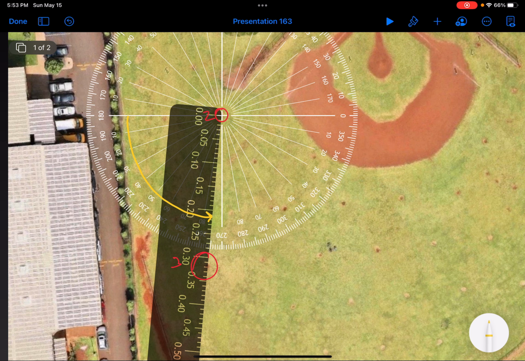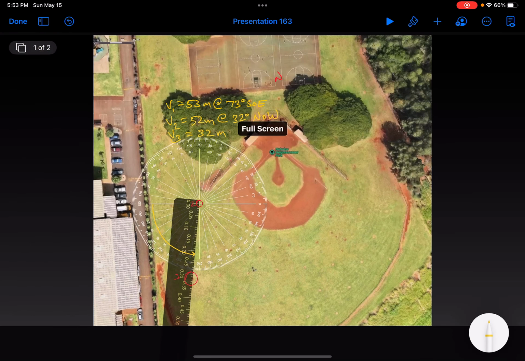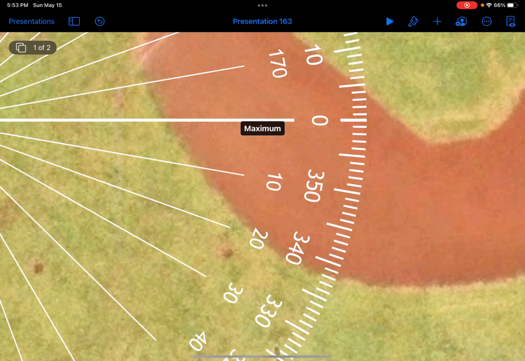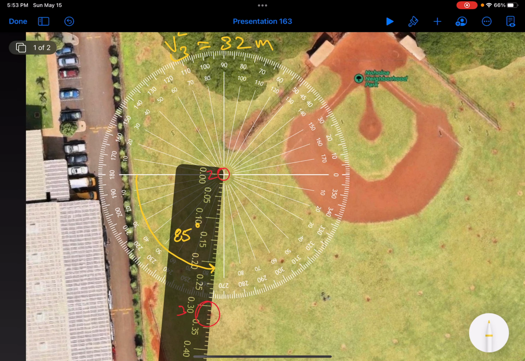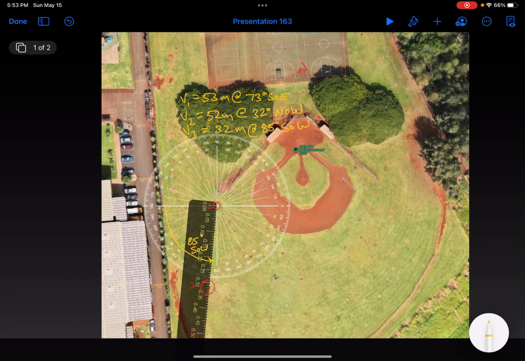What do we have, 80? Like between 84 and 85. I'm going to round it up to 85. All right, and that's going to be 85 degrees south of west. And that's going to be our third direction at 85 degrees south of west.